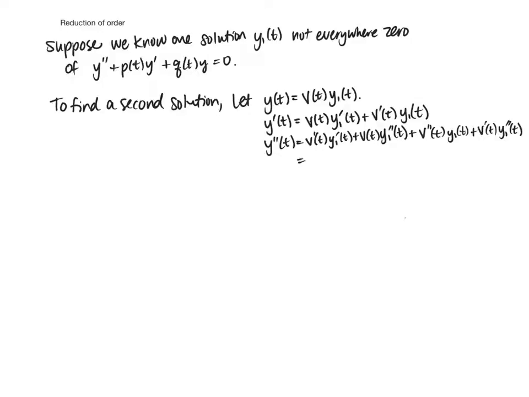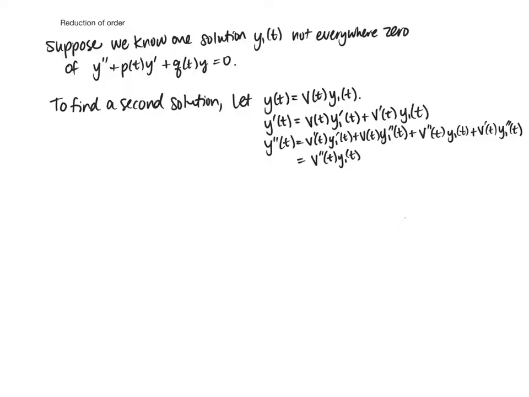So that gives me v double prime of t, y1 of t, and then, hang on. Do I have a v prime, y prime?